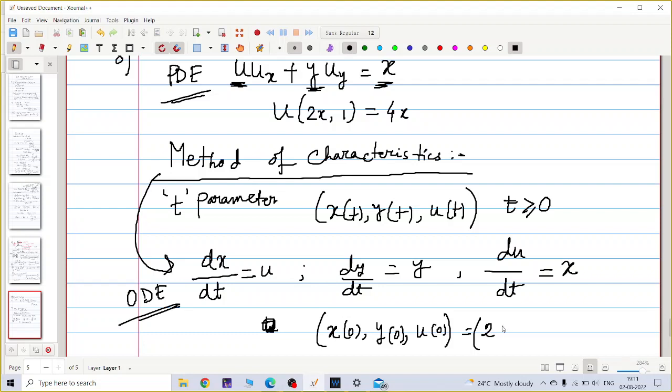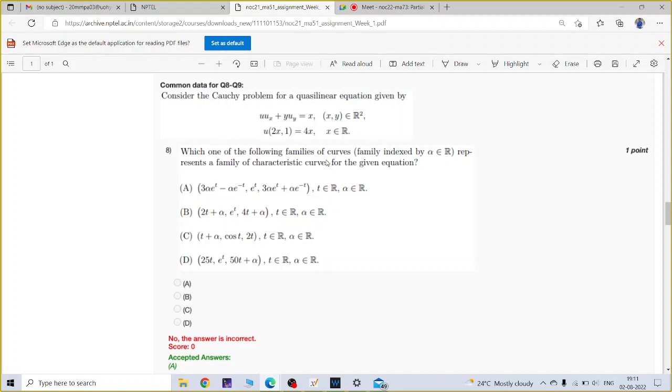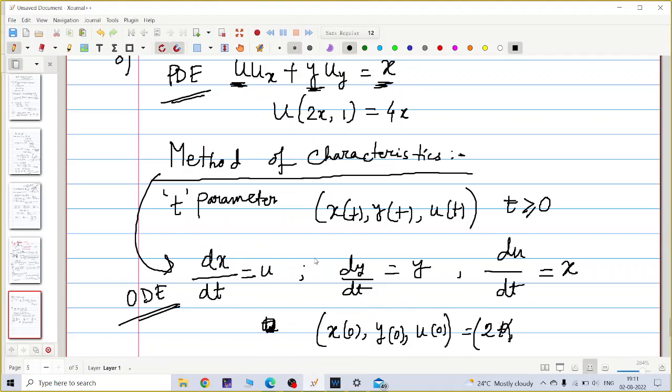I will say 2 alpha, because in the question it is given alpha. Alpha is a family index. So x0 is 2 alpha, y0 is 1, and u0 is 4 alpha.